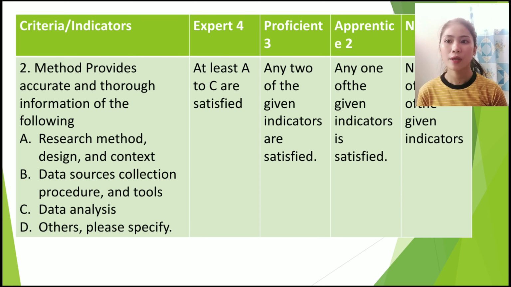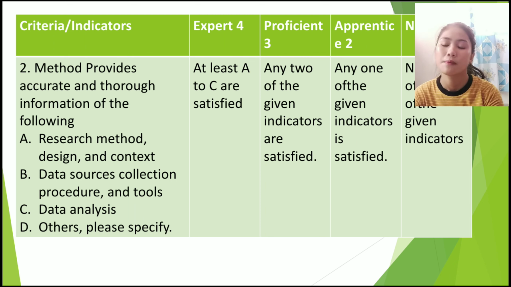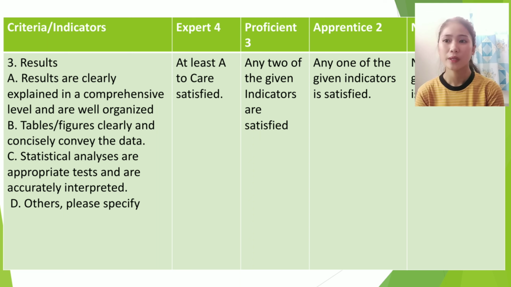Number 2, method provides accurate and thorough information of the following. The criteria are research method, design and context, data sources, collection procedure, and tools. And letter C, data analysis. Letter D, others please specify. Okay. Number 3, results. The criteria are letter A, results are clearly explained at a comprehensive level and are well organized. B, tables and figures clearly and concisely convey the data.